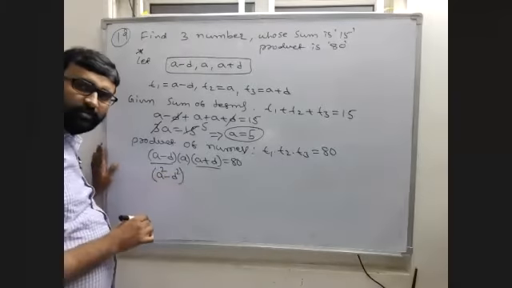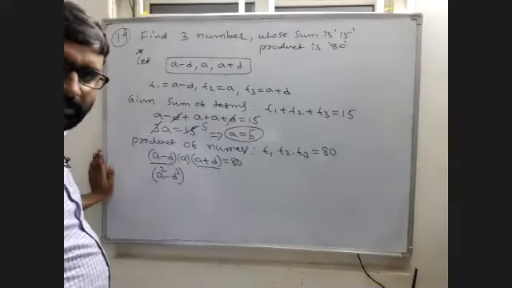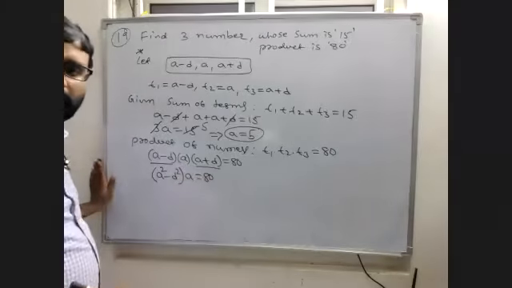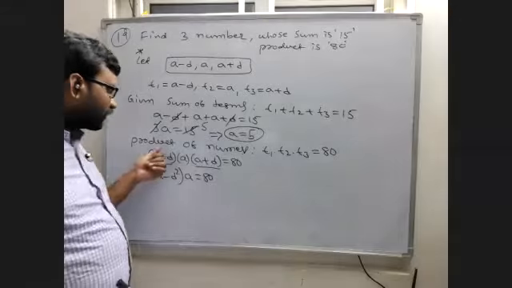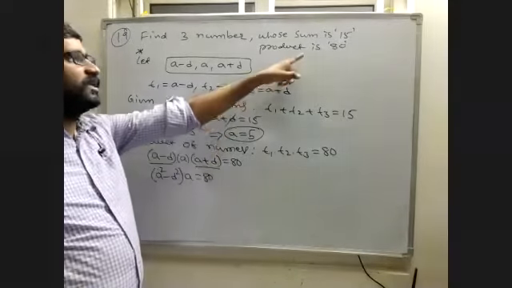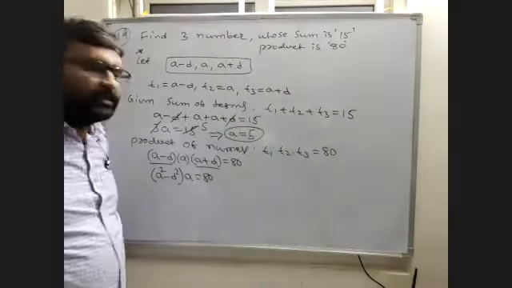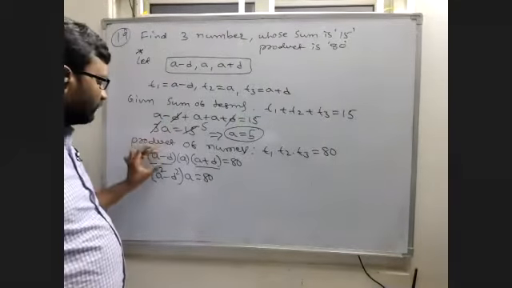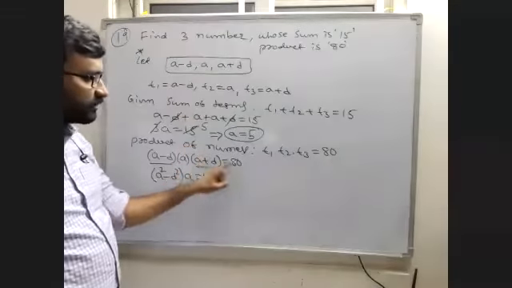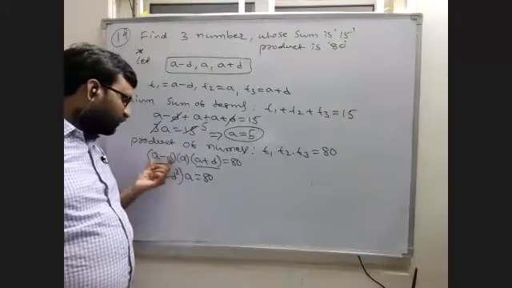If you have any doubt, you can raise your hand. Okay. A minus d into a plus d, that is a square minus d square into a is equal to... Sir, can you explain once more, sir? Which one? Product or addition? Product of numbers. Given product of numbers is 80. Yes, sir. So T1 into T2 into T3 is equal to 80. But the first term and the third term are in the formula form.